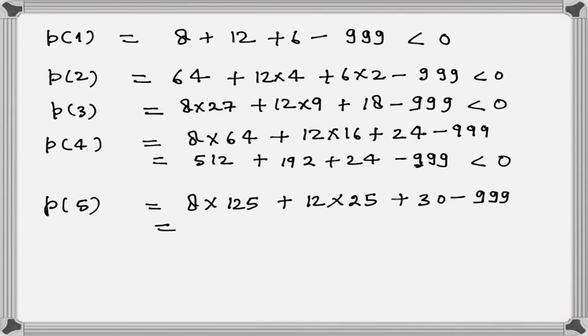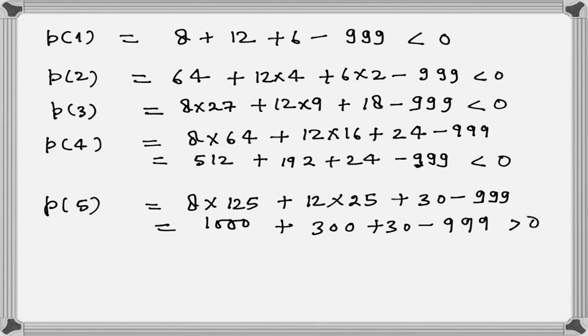So this is nothing but 1000 plus 300 plus 30 minus 999. This is greater than 0.